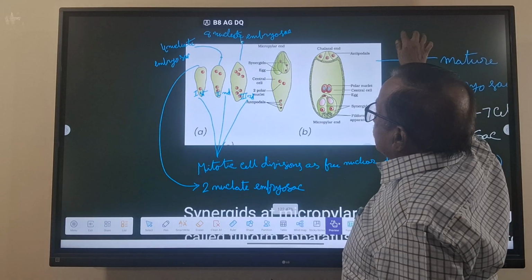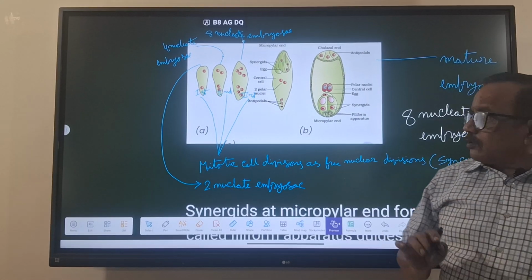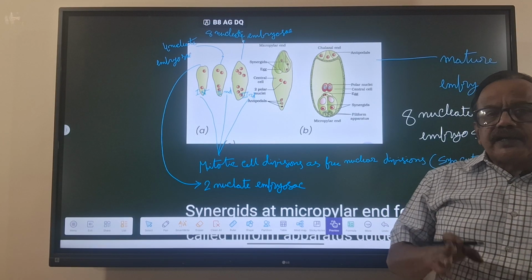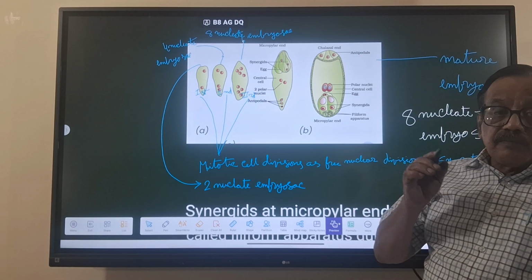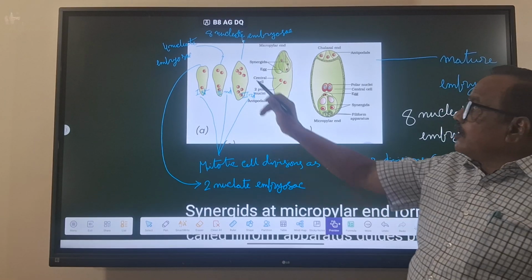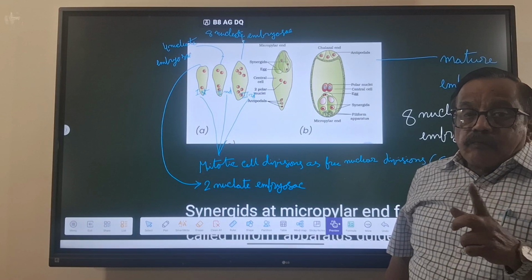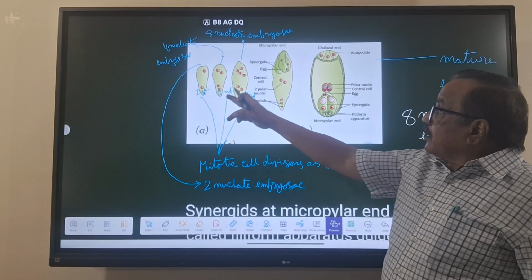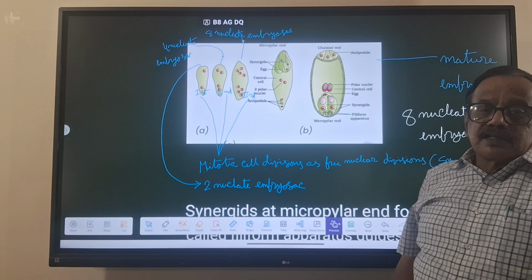The functional megaspore takes mitotic divisions and forms free nuclei. The first mitotic division in the functional megaspore forms 2 nuclei, and it does not follow cytokinesis, only karyokinesis. It divides mitotically 3 times, only karyokinesis.